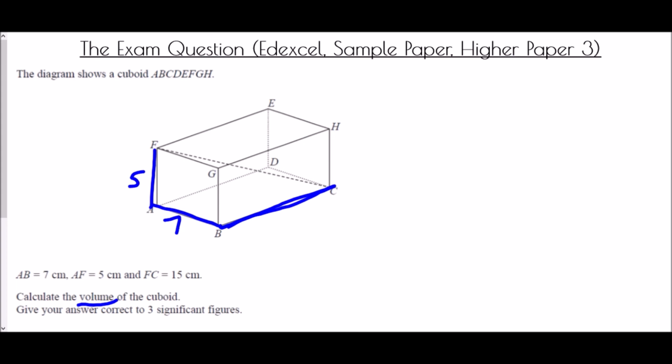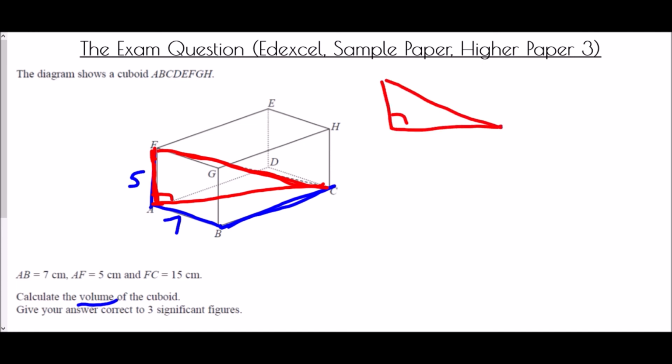Well, let's think about the values that I do already know. I know this height and I know FC. I know FC is 15. Now I can create a right angle triangle using those values. So let's have a think about that first. So AFC, I know that FC is 15 and I know that AF is 5, and so I can calculate AC.